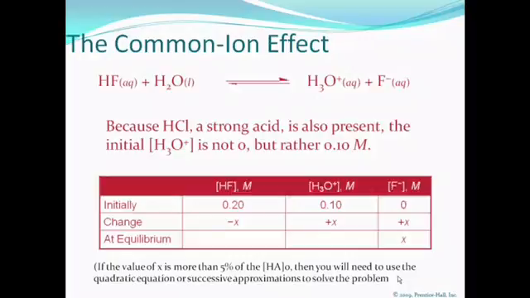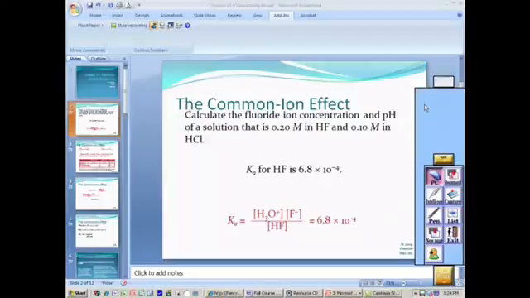But here's the tricky part: when can you ignore the x? This is really hard to remember. It says if the value of x is more than 5% of the initial concentration of your acid, then you will need to use the quadratic equation or successive approximations to solve the problem. Your initial concentration of your acid was 0.2.